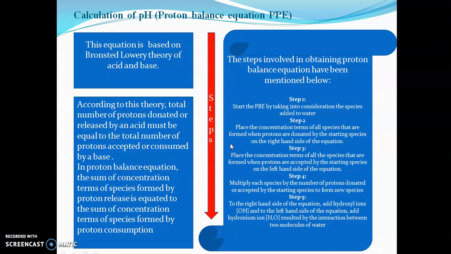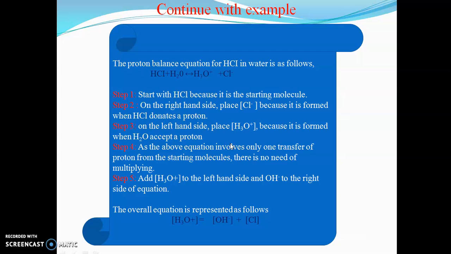Now taking one example to calculate the PBE equation. In first step, start the proton balance equation for hydrochloric acid in water. Firstly start with hydrochloric acid because it is the starting molecule.